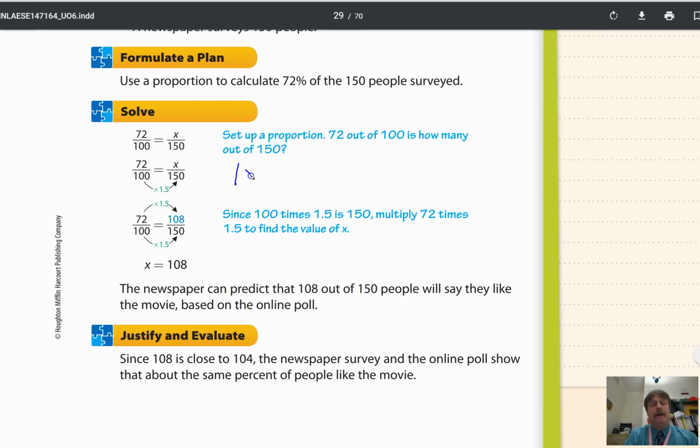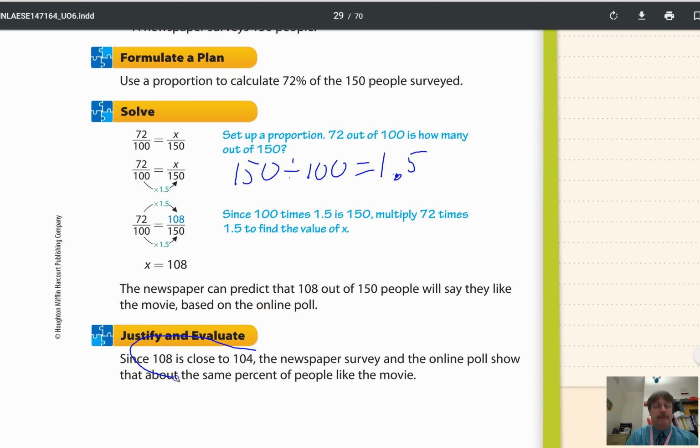They take the 150 divided by 100, and that comes up with the 1.5. What we do on the bottom, we do on the top. So you take 72 times 1.5, and you get 108. So the newspaper predicts 108 people out of 150 say they'll like the movie based on the online poll.